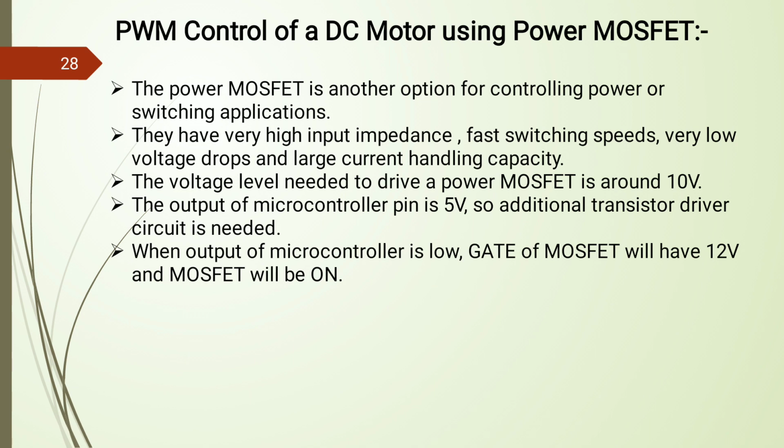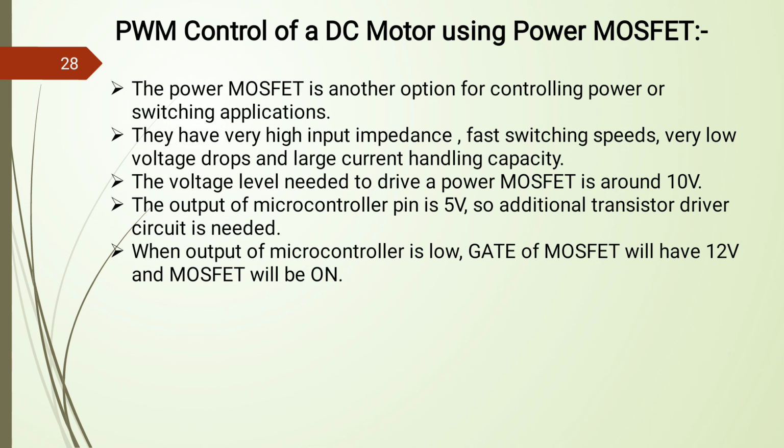the PWM, the actual interfacing of a DC motor with the PIC microcontroller with the help of a MOSFET circuit. Here we use one driver IC which includes the MOSFET as well.